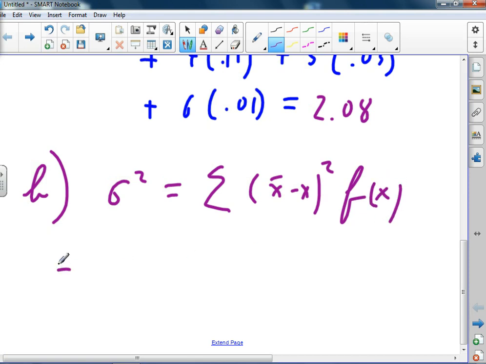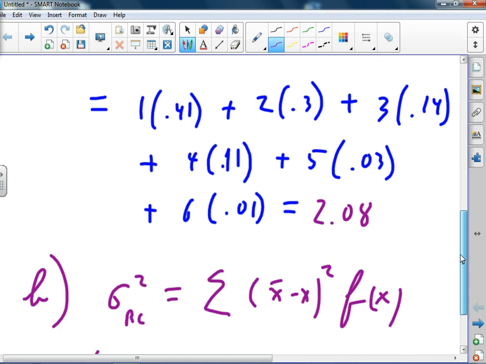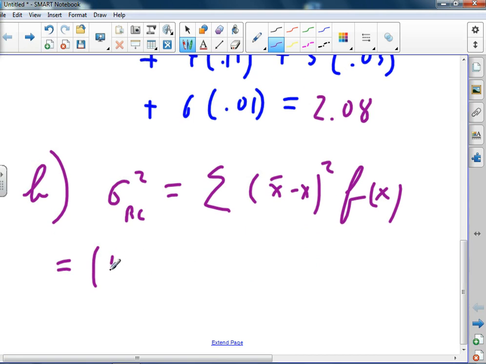All right, so that's what we're going to do. We want rent controlled first. So we're going to do the rent controlled guy first. 1.57 minus 1 squared times 0.61.